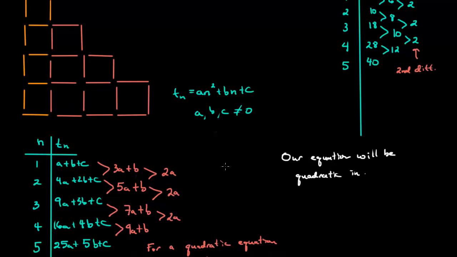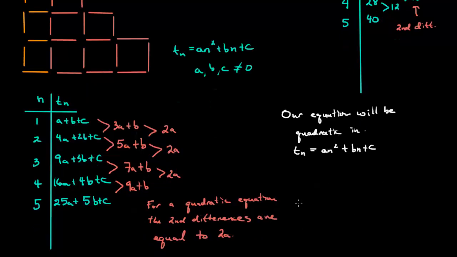So we have that our formula t sub n is going to be equal to an squared plus bn plus c. So from our second differences, we have that 2a should be equal to 2, and thus a is equal to 1.